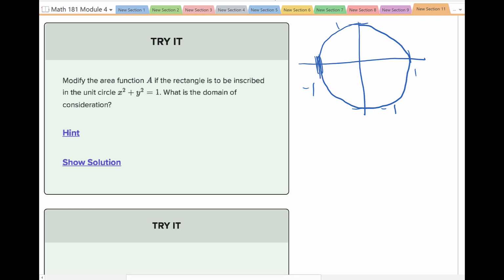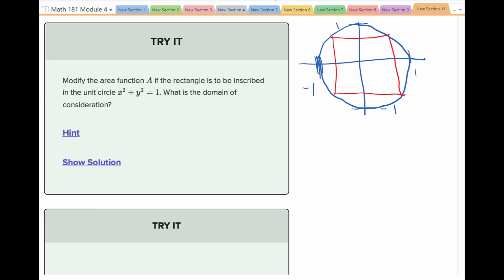So we're looking at having an inscribed figure here. Any guesses as to what kind of figure that is?